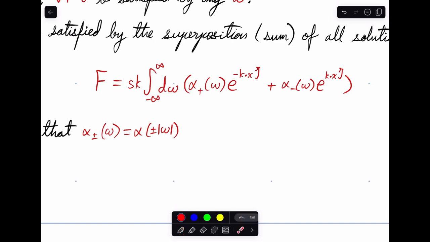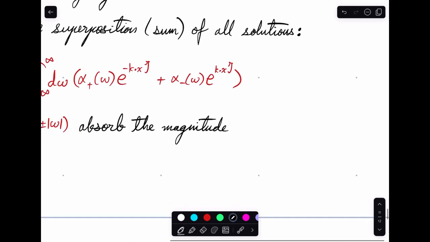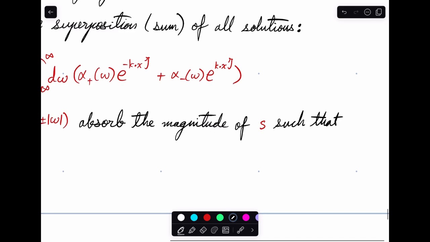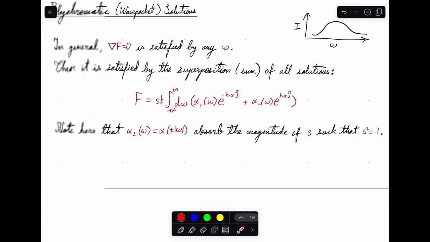Note that these coefficients absorb the magnitude of the field, so the magnitude of S, such that S squared equals -1. So it becomes a unit vector just giving the polarization direction.